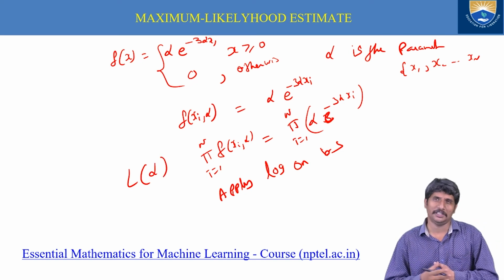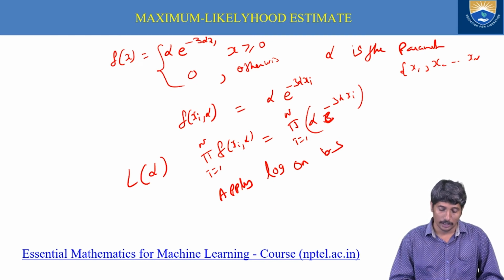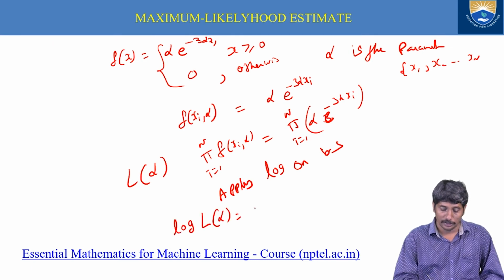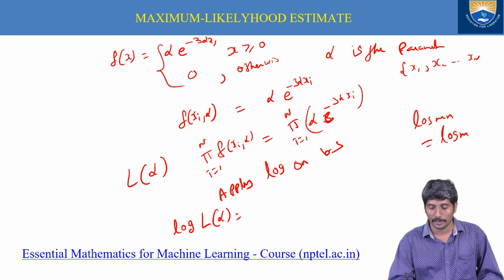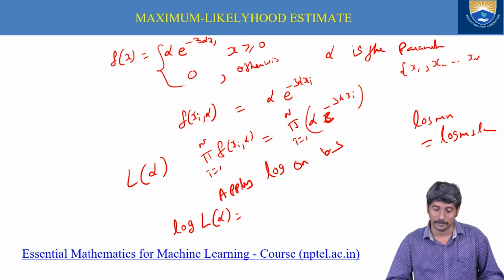Now, in order to make it mathematically friendly and feasible, I am going to apply log on both sides. So log of L of alpha is equal to, when we apply log, log mn means log m plus log n.